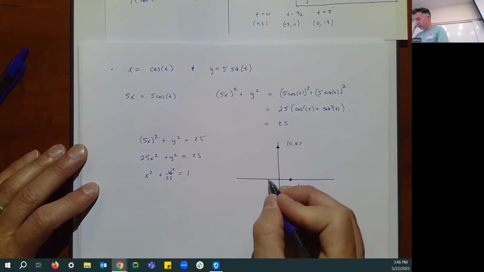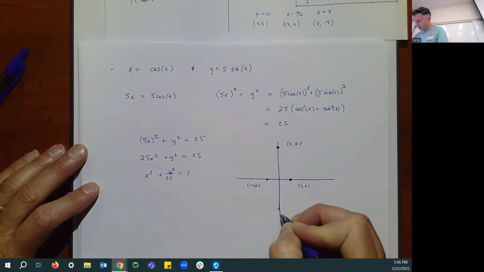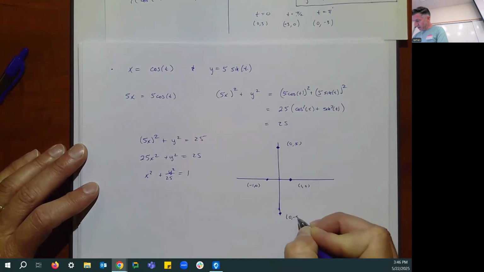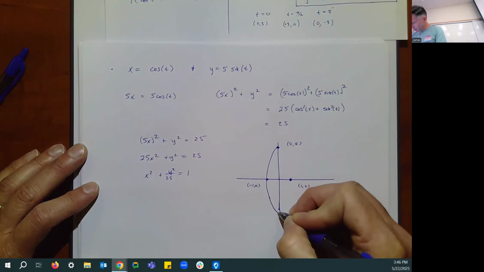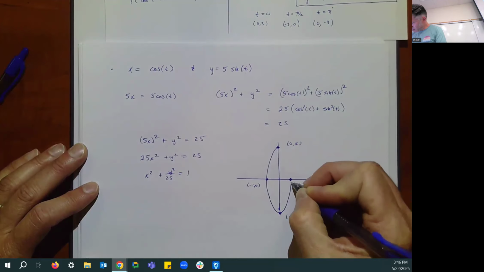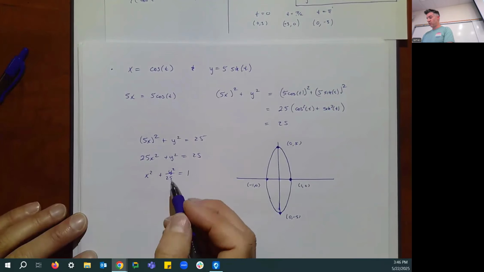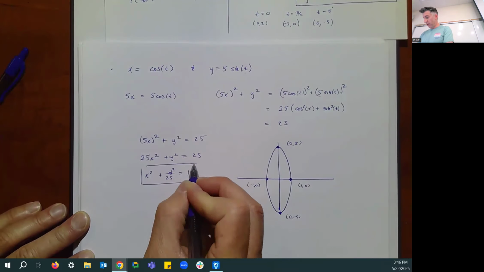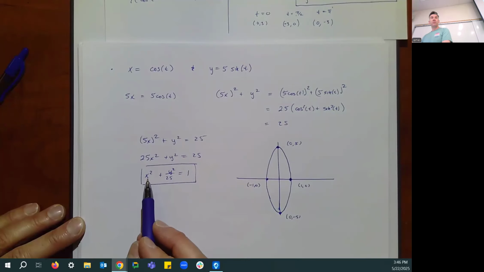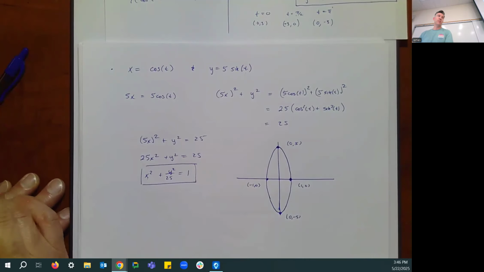At pi, I'm over here at (-1, 0), and at 3 pi over 2, I'm down here at (0, -5). So instead of a circle, I get an ellipse, which is also the same graph you get if you think about graphing the Cartesian equation. If x is 0, y could be plus or minus 5, and if y is 0, x can be plus or minus 1. So same equation.